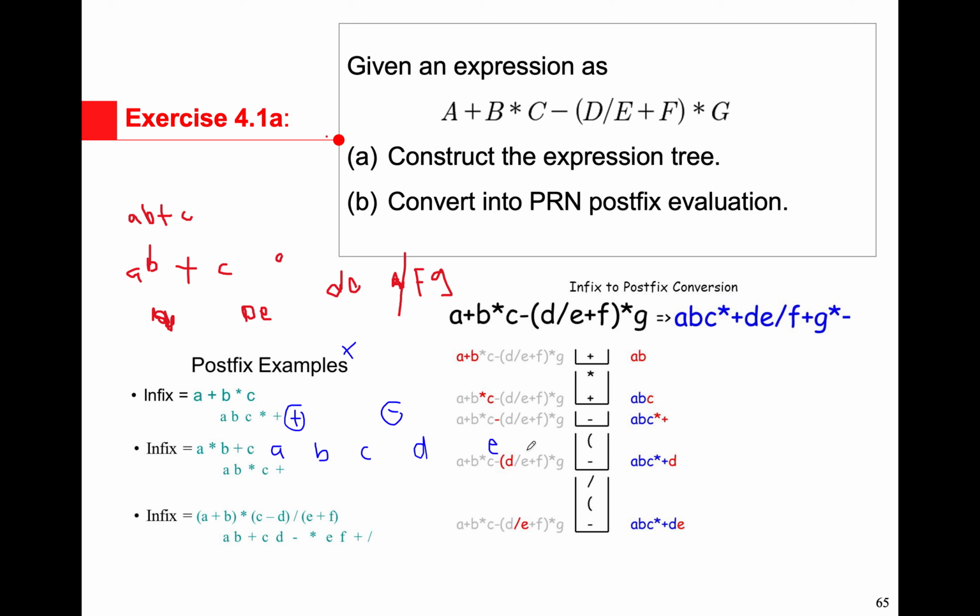You have E, F plus. This one, going to combine it together. This one, going to combine it together. And you have the division, sorry, division over here. So you will do like this.